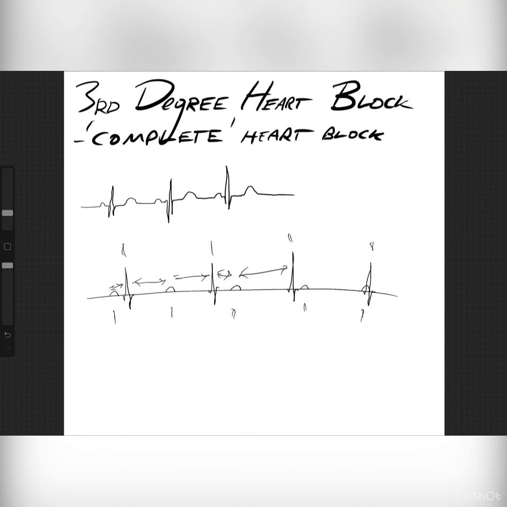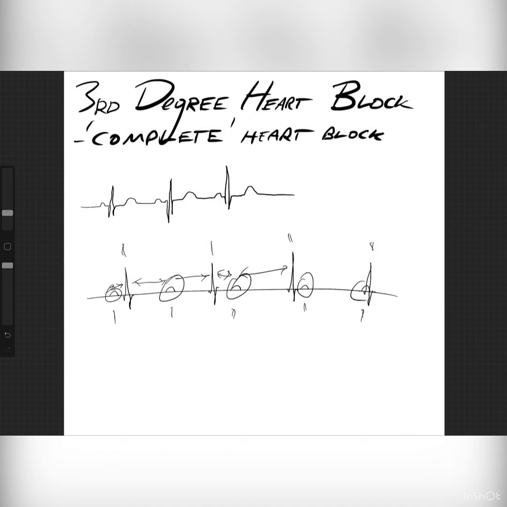And the reason why that happens is in complete heart block, there's no conduction through the AV node into the ventricles. And the way the heart deals with that is essentially it produces what's called an escape rhythm. So a rhythm generated within the ventricular conduction system to cause contraction of the ventricles, and the P waves become completely irrelevant.